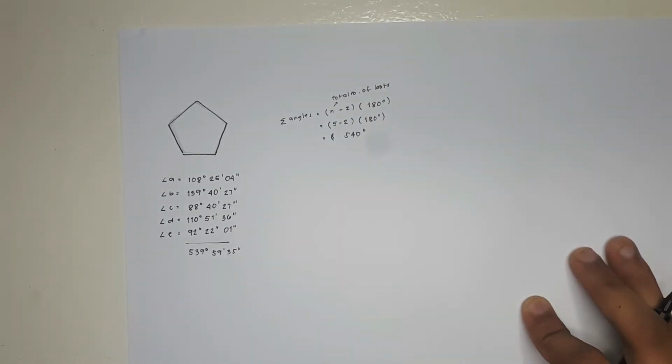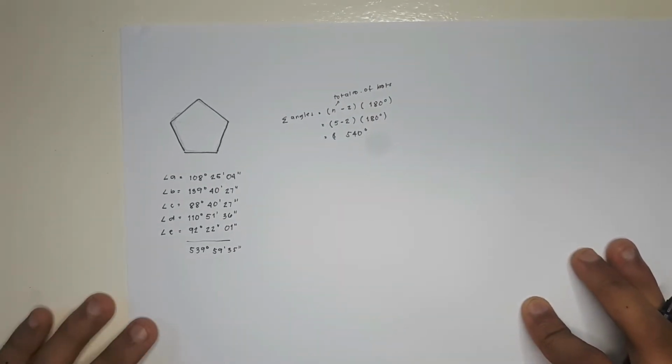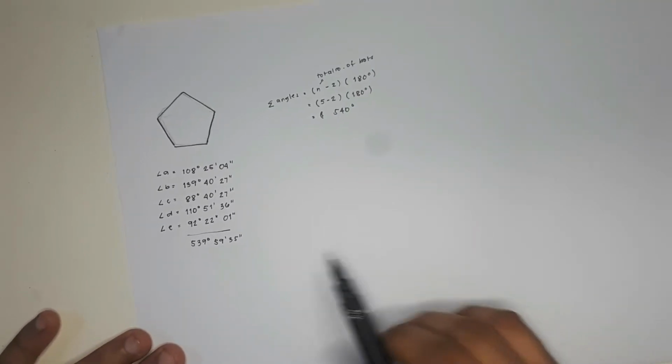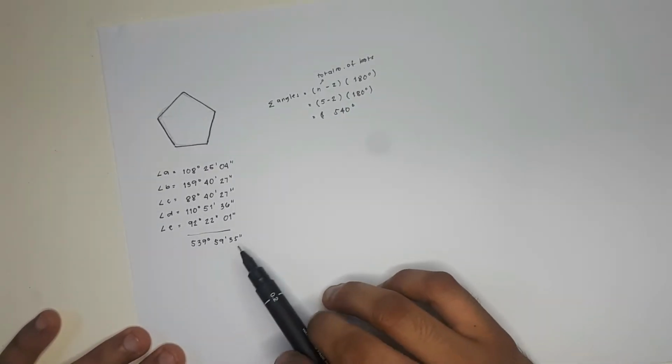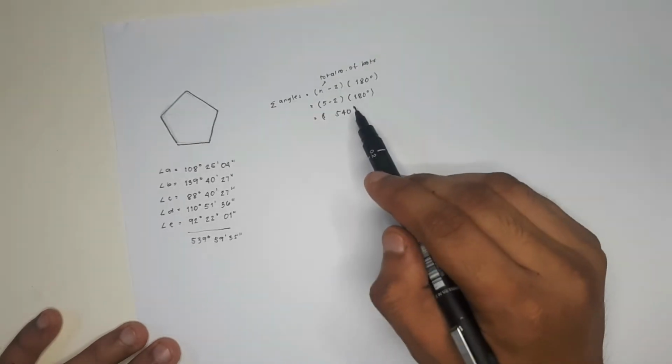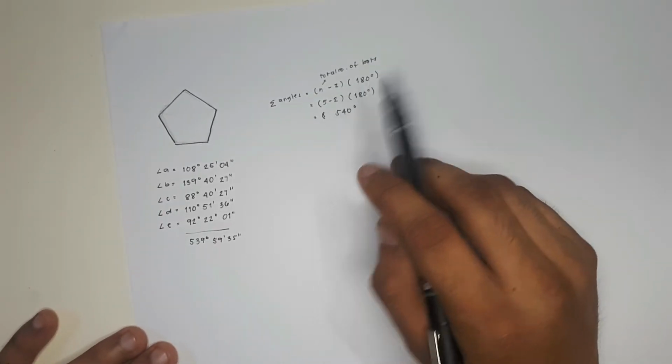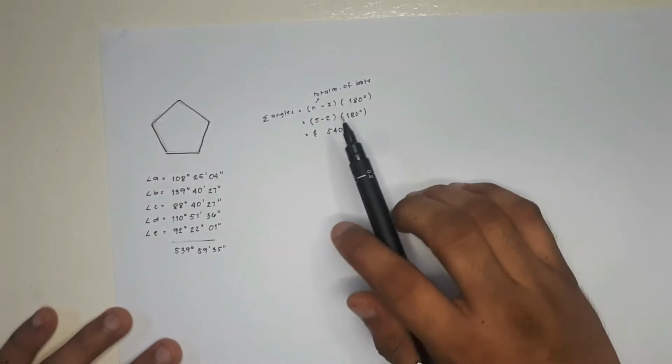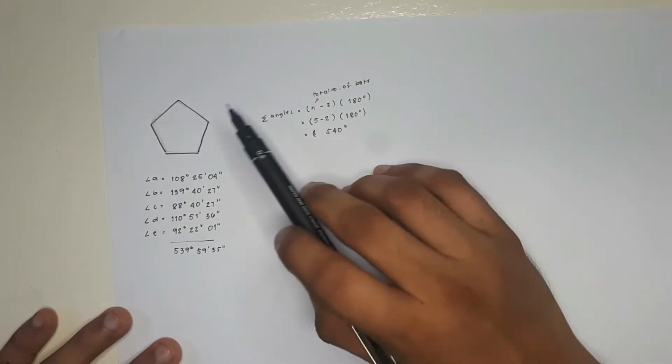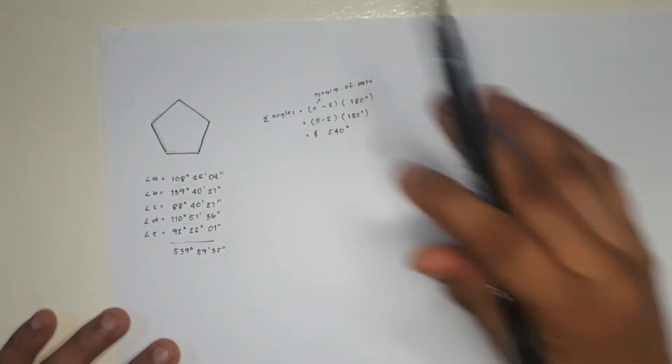We notice that the summation of all angles is not equal to our total degrees. So we can say that the given polygon is not balanced.